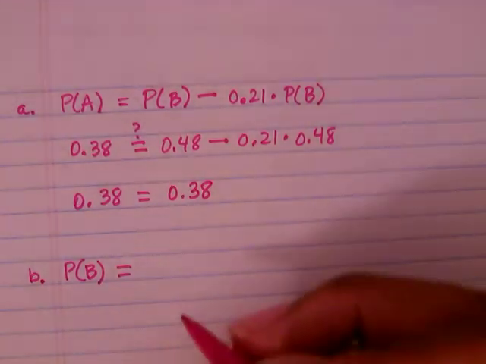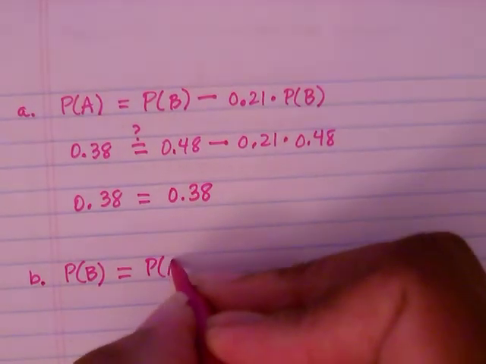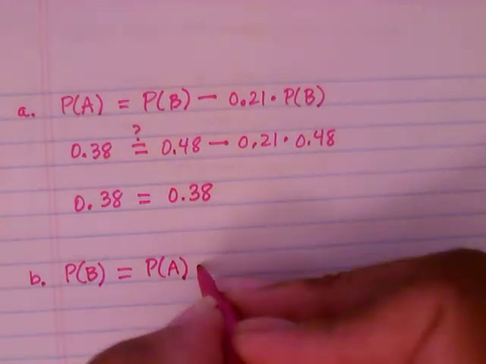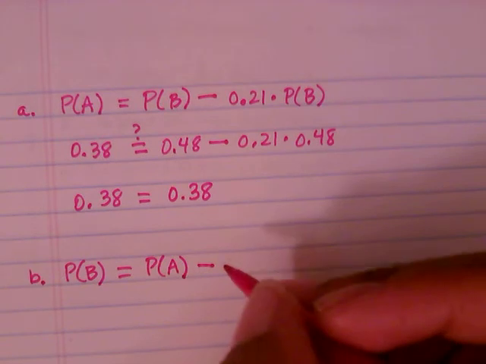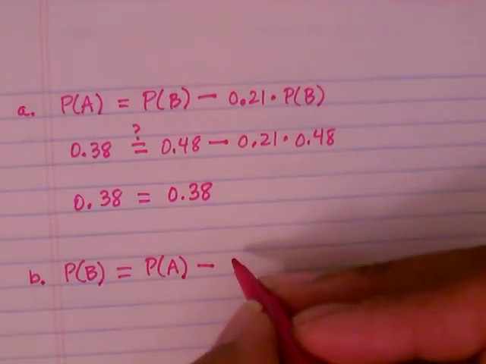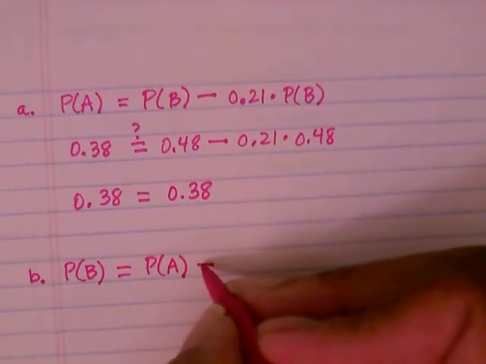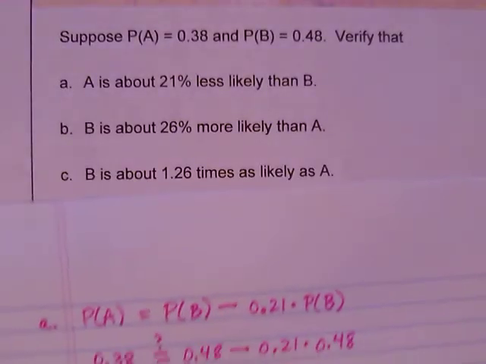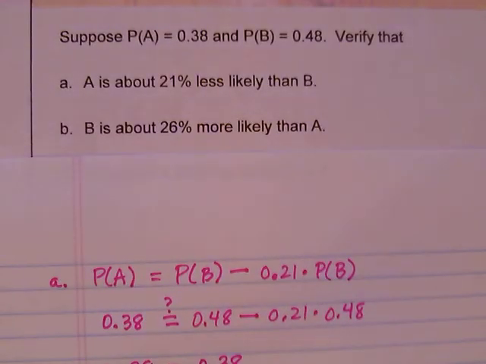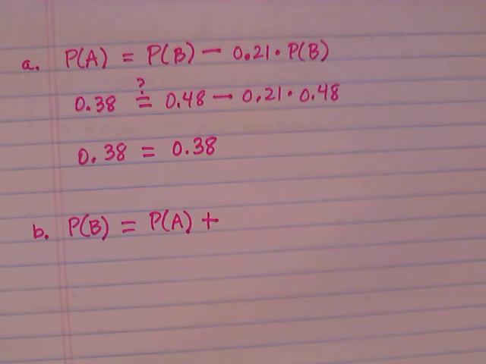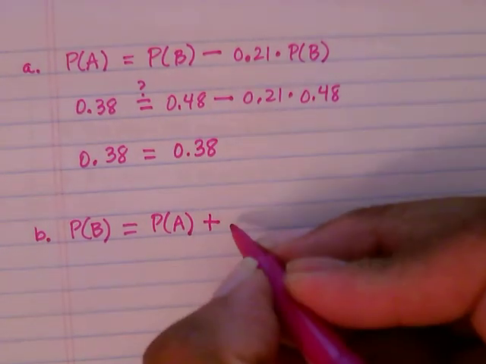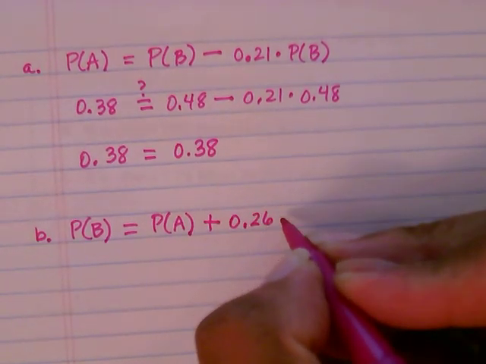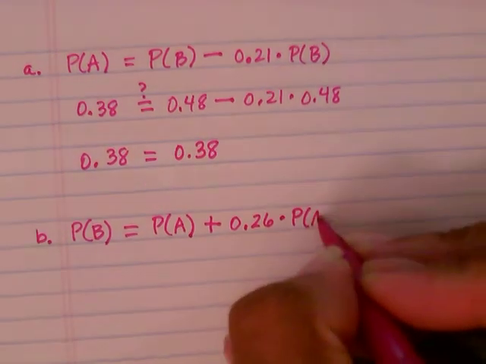And I'm dealing with the probability of event A, so I have to write this as the probability of event A itself minus 26%, not minus, plus, because it says more likely. More likely. So I have to say plus 26% or 0.26 times the probability of event A.